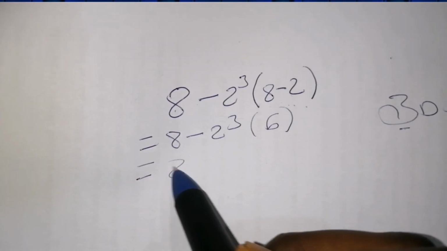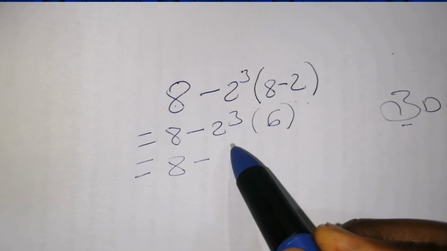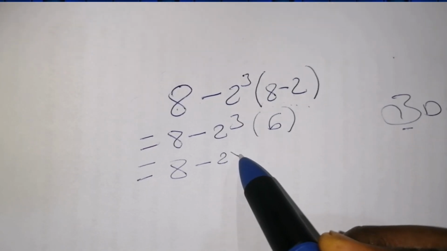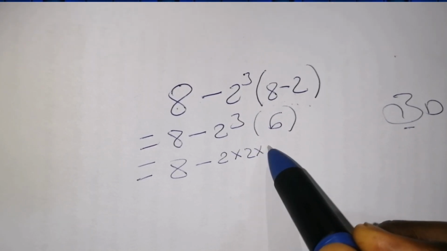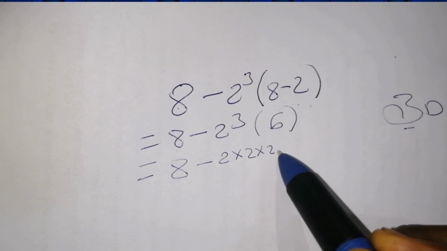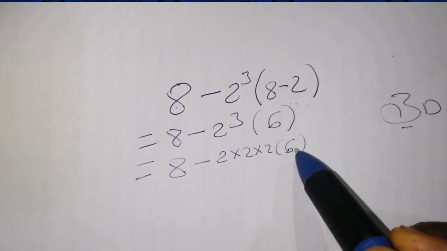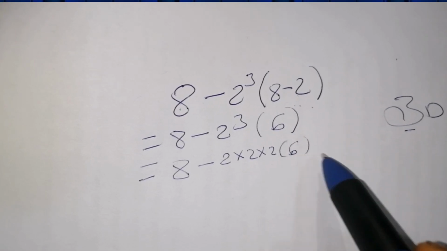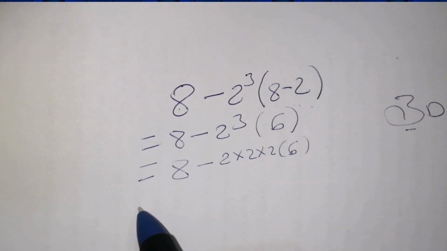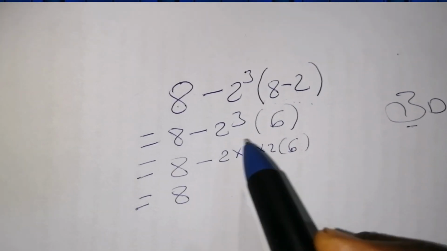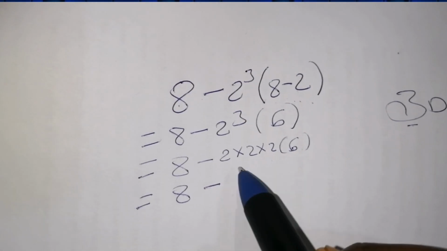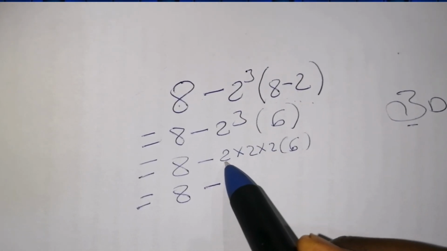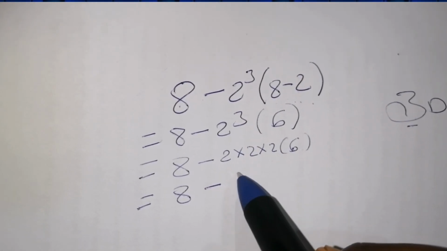So 2 to the power of 3 means 2 times 2 times 2, multiplying 2 three times, which equals 8.